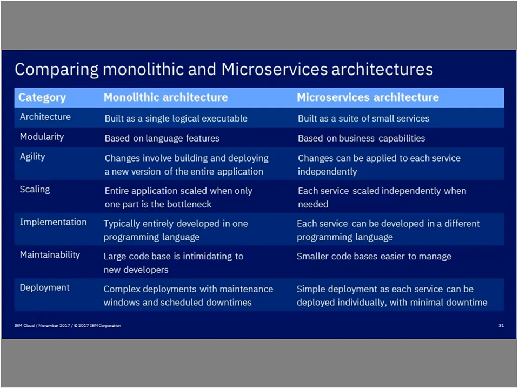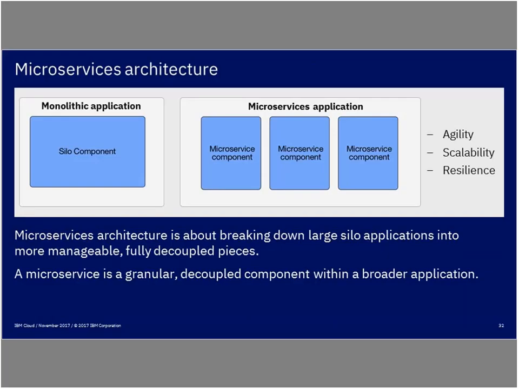It can be of different languages, it can be of different things as well. And then, once you've done that, you can scale, you can maintain code bases which are smaller and easier to manage. And then you've got minimal deployment time, minimal downtime, and you start to take some real advantages of the scalability that you have.